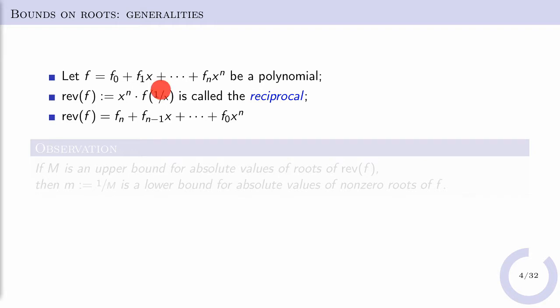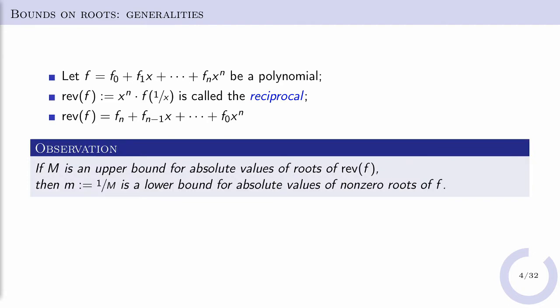Because we constructed the reciprocal polynomial by just inverting the variable, the easy observation is that the roots of the reciprocal, of course non-zero roots, are just the inverses of the roots of f.